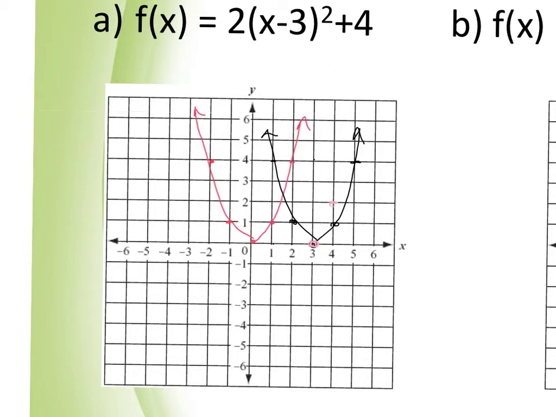So that gets pulled there, that gets pulled there. And then the next point is going to be off, so I think that's enough. And then the last thing I'm going to do is what? Up 4 units. So 1, 2, 3, 4. 1, 2, 3, 4. And here's our final answer.